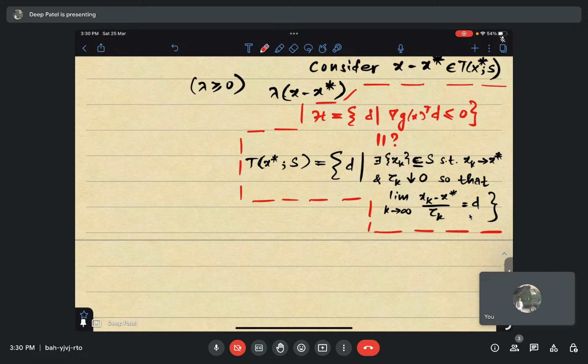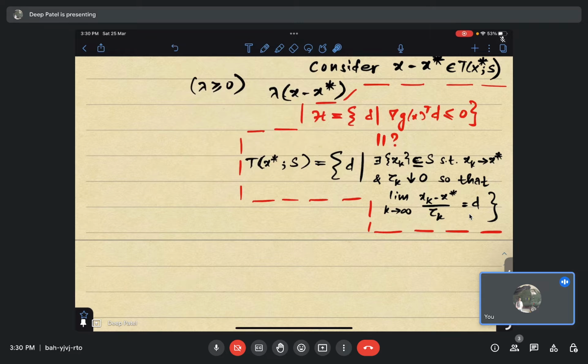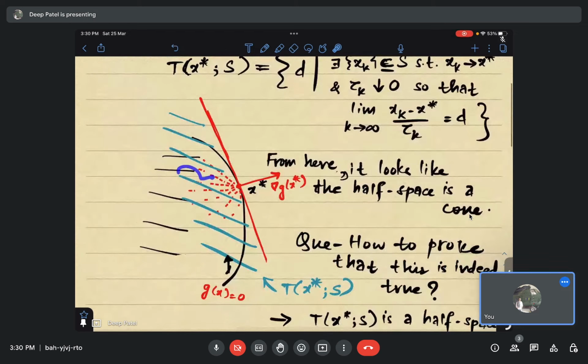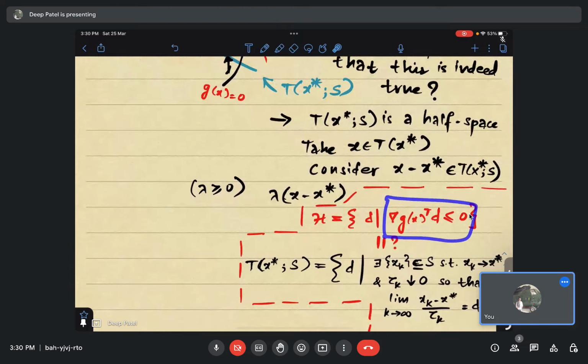Take any sequence of points that approaches. So you are saying we will take some sequence xk which approaches x star. Yeah, so basically some sequence here, so that this is satisfied at every instance.